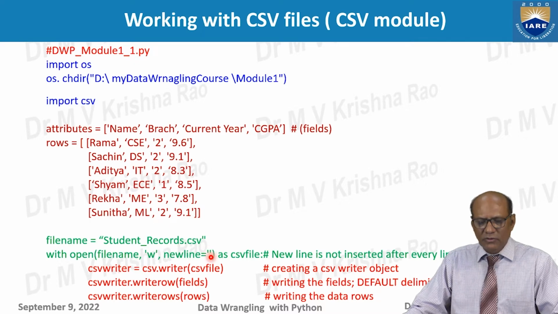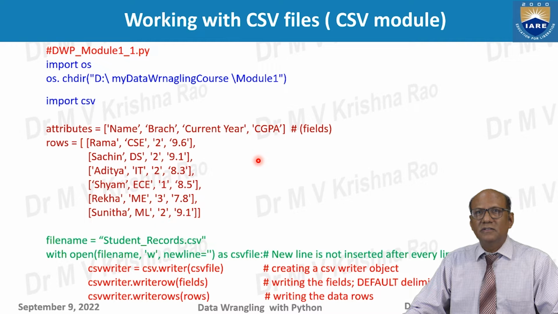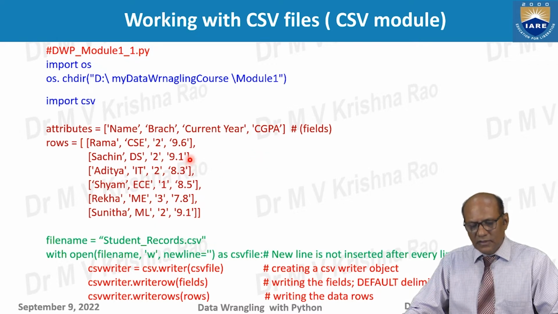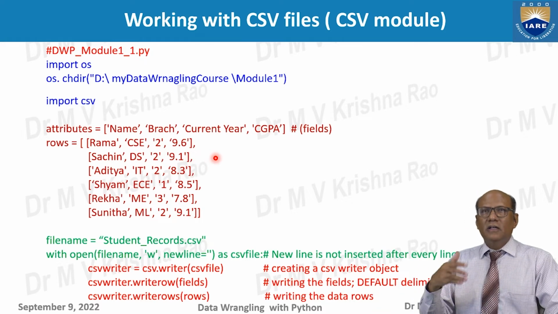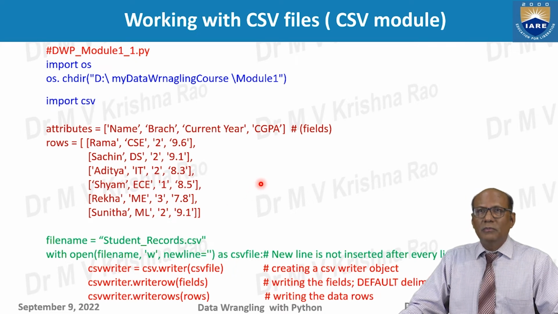It is not even a blank character, it is empty. Newline equal to, between two single quotes, emptiness. If you don't put this, what happens is an extra line appears after each line. When you open that CSV file, one line is followed by a blank line. So between two successive lines, a new blank line is generated.